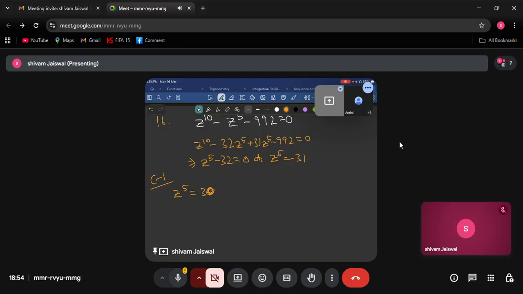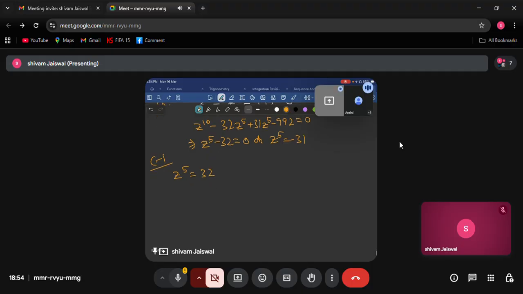Case 1, when Z to the power 5 is equal to 32. What are you getting? This is equal to 32 into cis 0 degree, that is 32 into cis 2k pi.